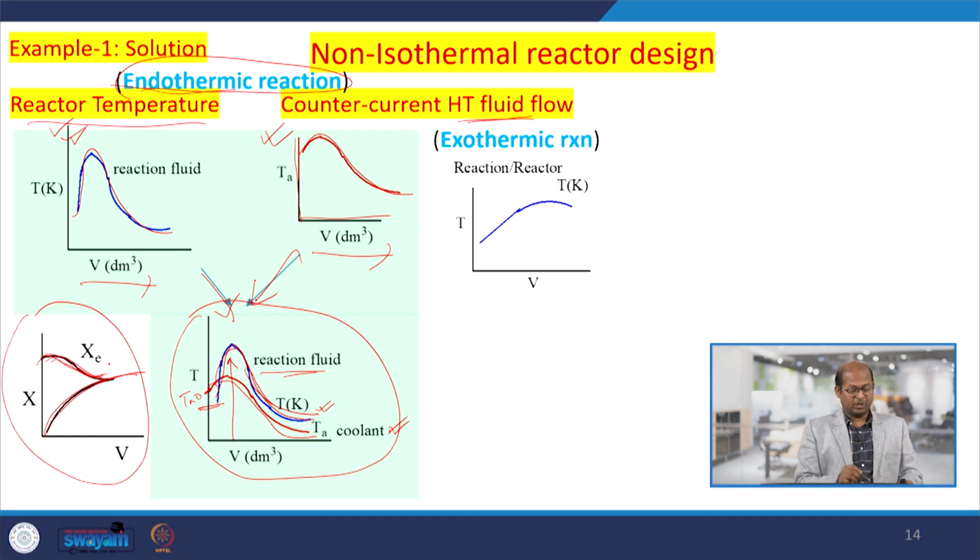This is the equilibrium conversion diagram, and this is the profile for the actual reactor, the conversion varying along the volume. We have come close to equilibrium at this particular point, and this is the deviation between actual conversion and equilibrium conversion.